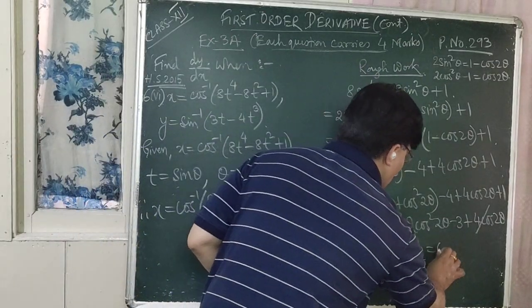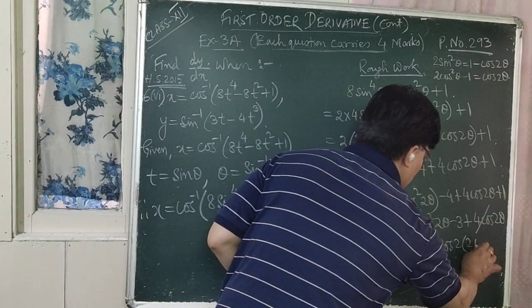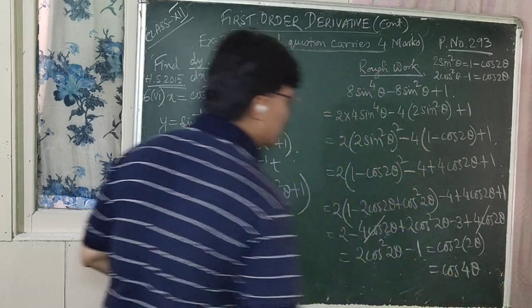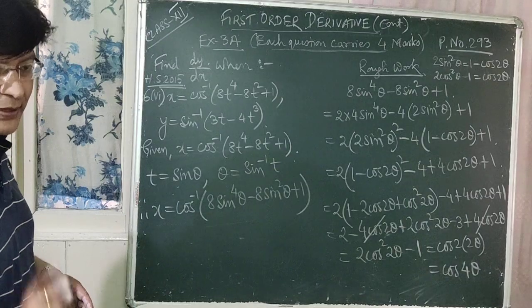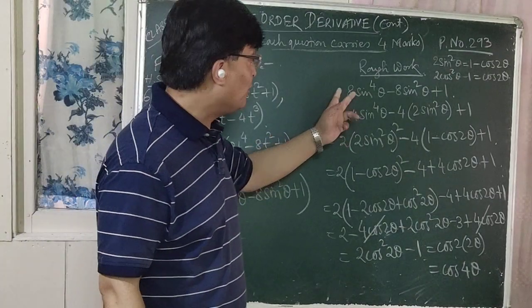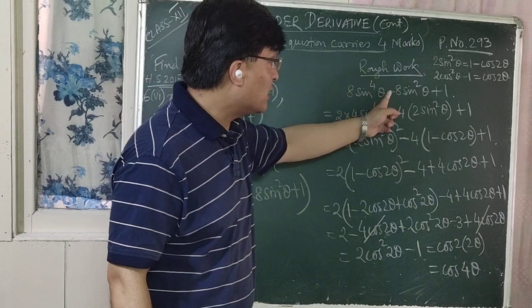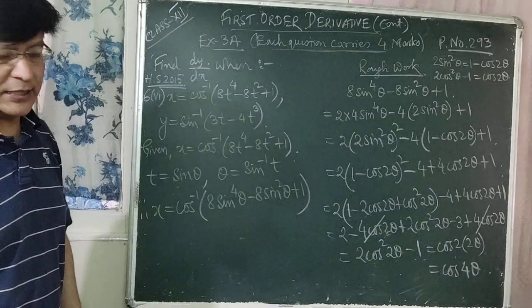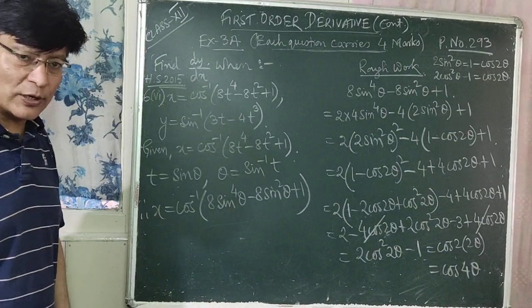So it is cos of 2 into 2 theta, which is cos 4 theta. That means the simplified value of 8 sine to the power 4 theta minus 8 sine square theta plus 1 is cos 4 theta. Is that clear to all of you?